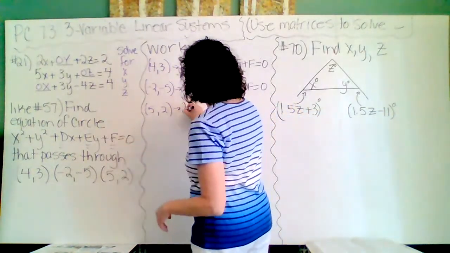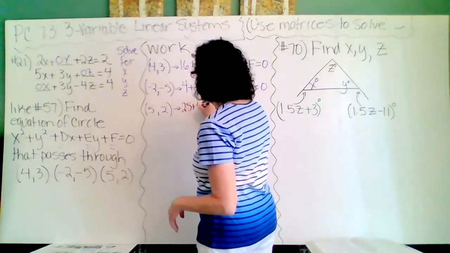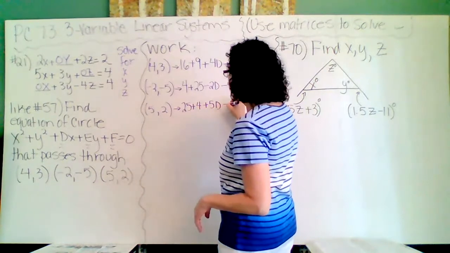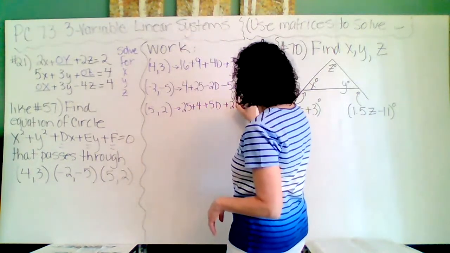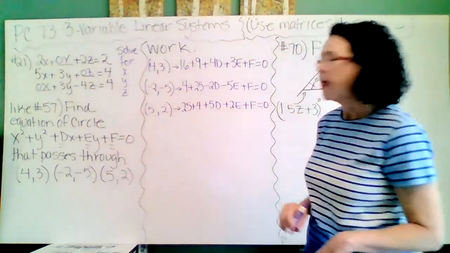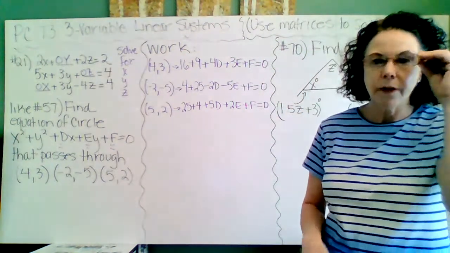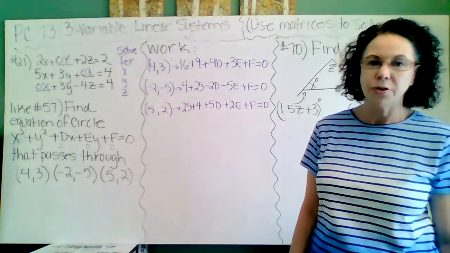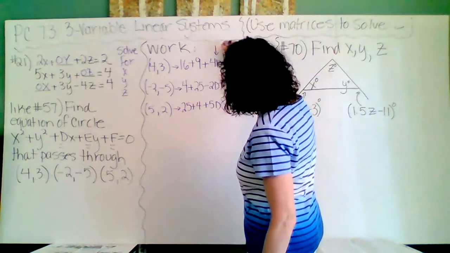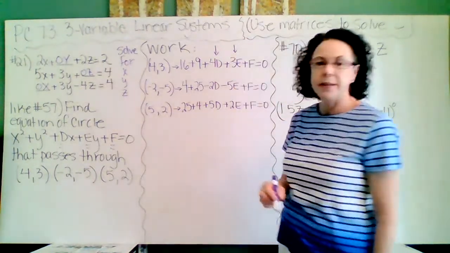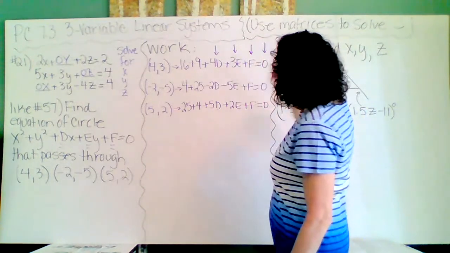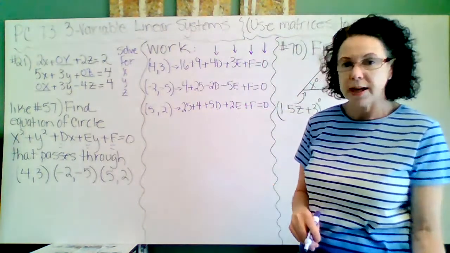That would be 25 plus 4 plus 5D plus 2E plus F equals 0. Okay, so we have three equations and three variables. We just need this to be matrix ready. We need our first column to be the D's, our second column to be the E's, our third column to be the F's, and this last column should be our solution column.